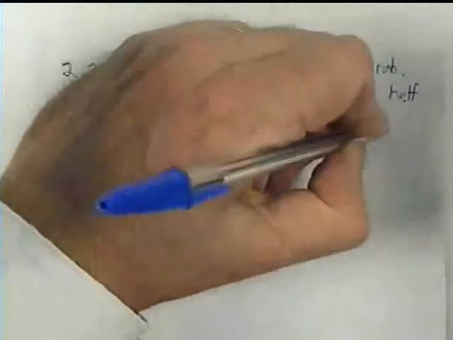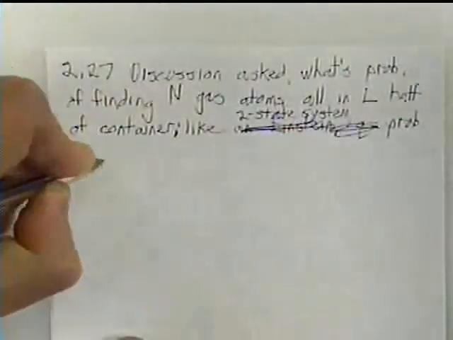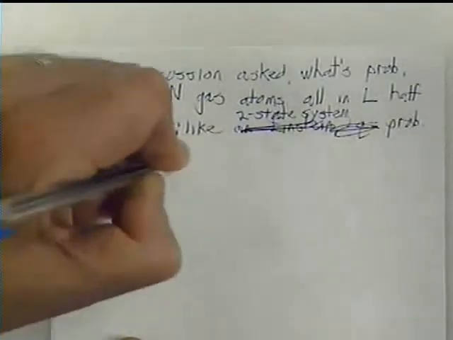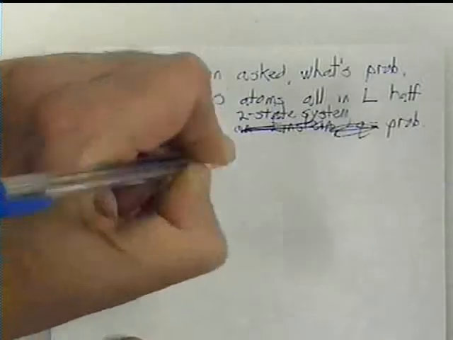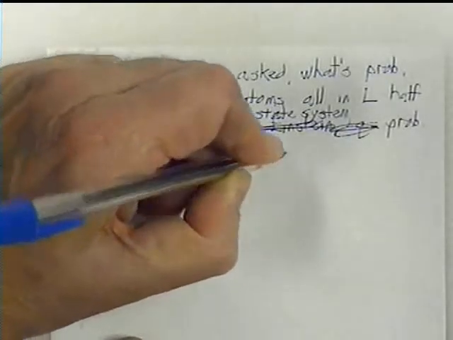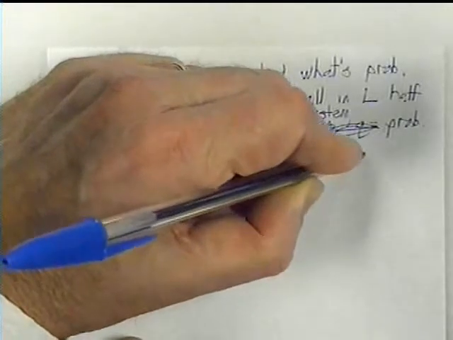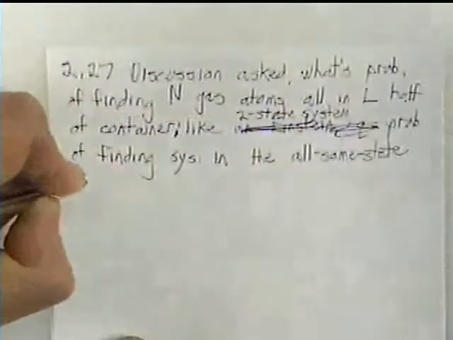Basically, you want the probability of finding the system in the all-same configuration.